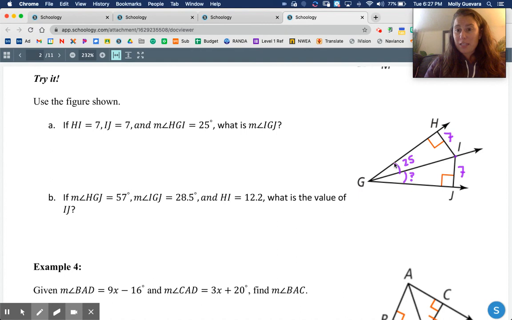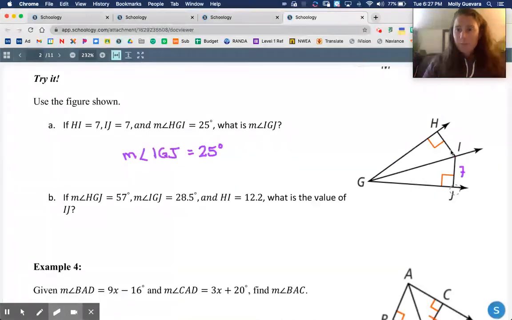So that means that this angle right here and this angle right here have to be the same. So since I know that HGI is 25, then I can confidently say the measure of angle IGJ is also 25 degrees.